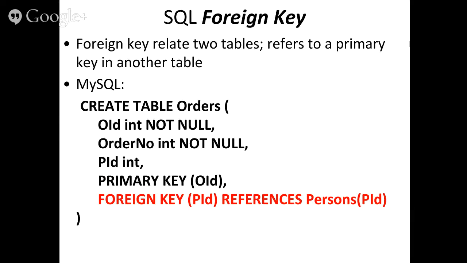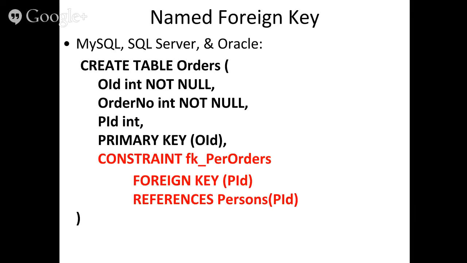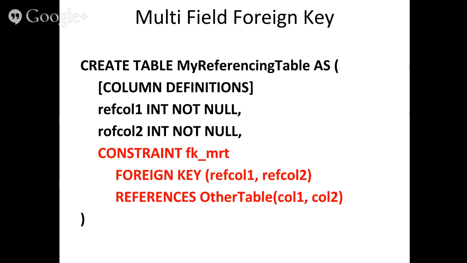Some people like to put in front of it order to person ID, saying that this is a reference that goes from the order back to the person. So that's one of the syntaxes in MySQL. Here's the way you might do it in SQL Server, and naming your foreign key so that you can change it later on, perhaps with an alter command.